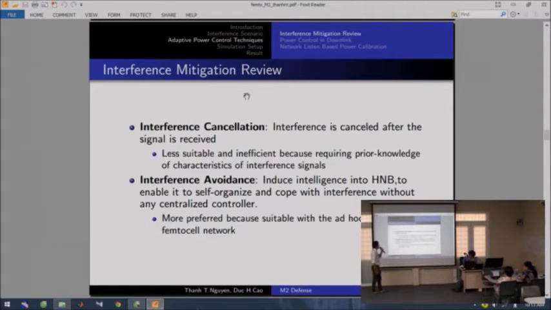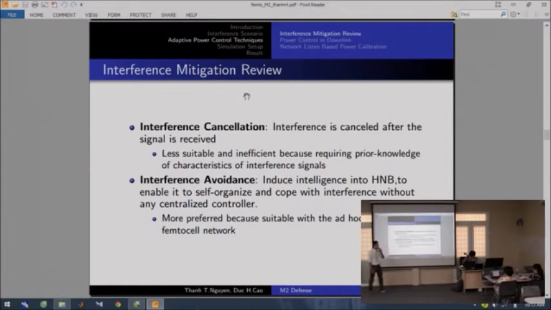Interference cancellation is a technique that applies after the interference is received at the receiver. In interference avoidance, they try to induce intelligent ability into the femtocell so that the femtocell can adjust itself to deal with the interference.